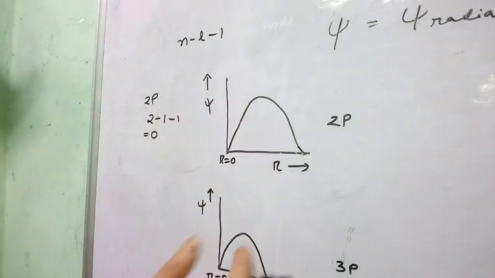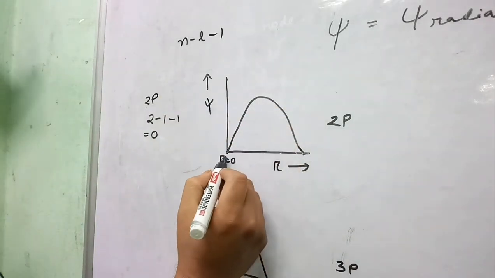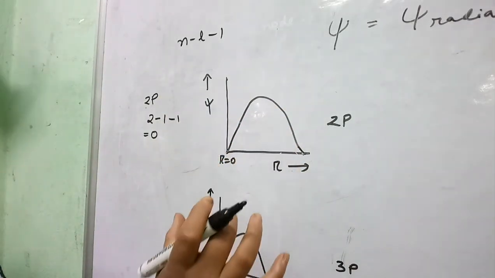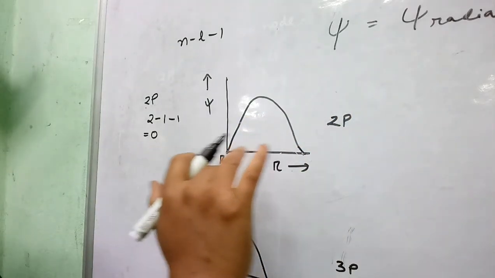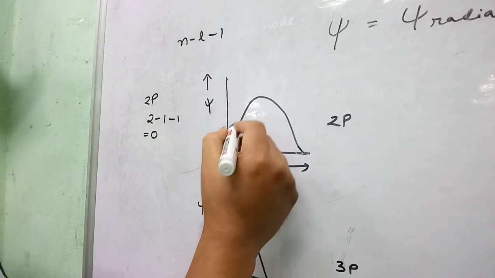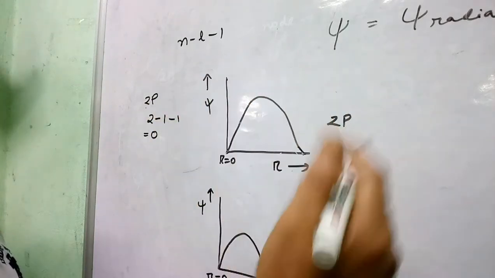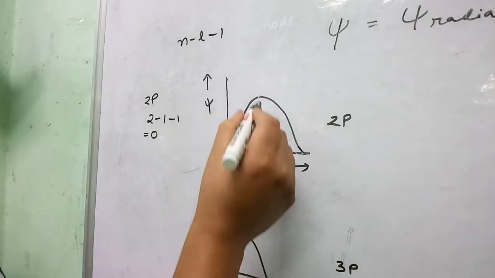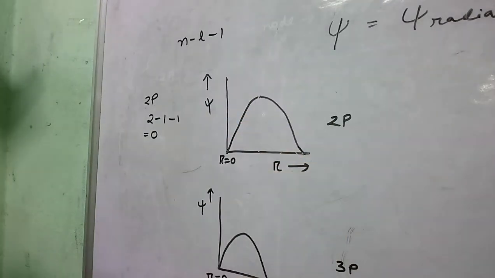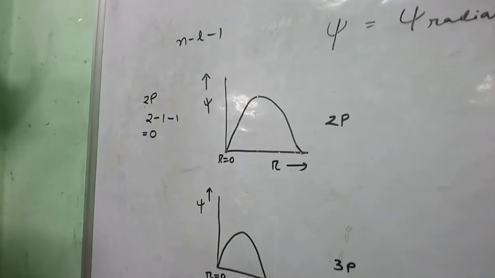So, we can further conclude from the graph that at nucleus, the probability of finding an electron is 0 for 2p orbital, and moving along radius, the probability of finding an electron becomes higher and reaches a maximum point at a certain radius, then gradually it falls. For 3p orbital, if we plot a graph, we have to first calculate the number of radial nodes.